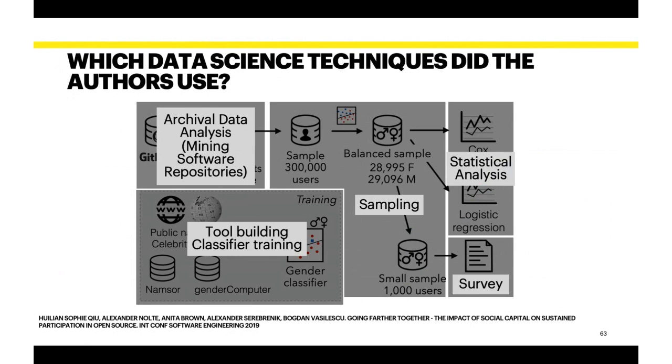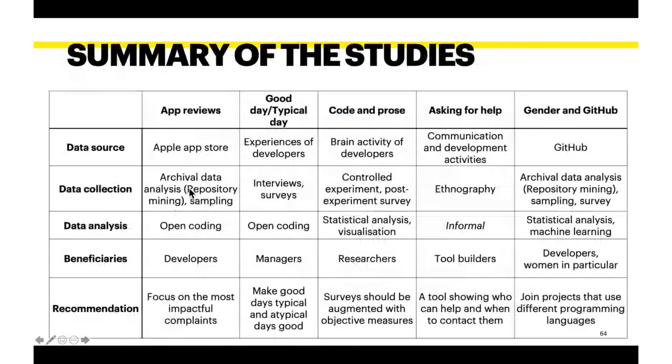So let me summarize the 5 studies we have discussed. You see here that they used different data sources and different data collection and data analysis mechanisms. They provided different kinds of recommendations for different beneficiaries. But whatever empirical study you're going to conduct, you need to keep those things in mind.